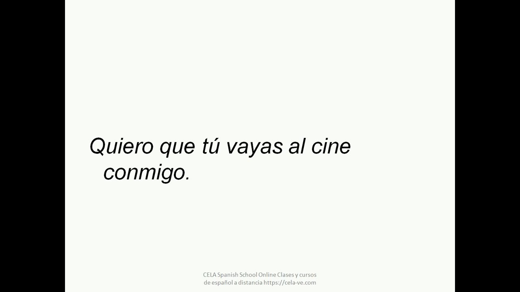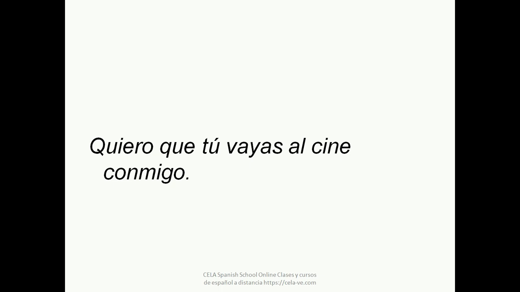In the first sentence, we have the verb quiero in the first person singular. The subject is yo, and it is included in the verb ending. And in the second sentence, we have the verb in the second person singular, tú. They are two different subjects connected by que.